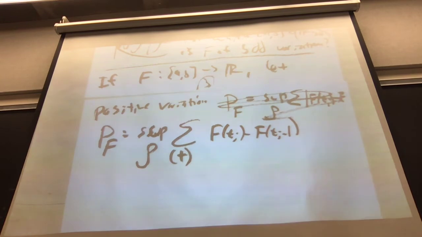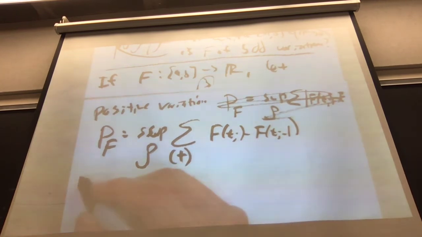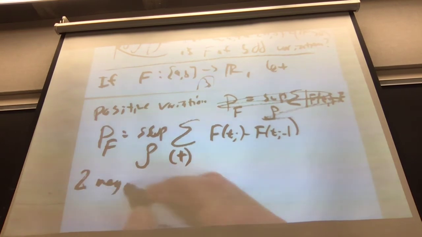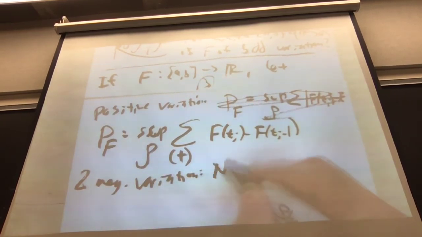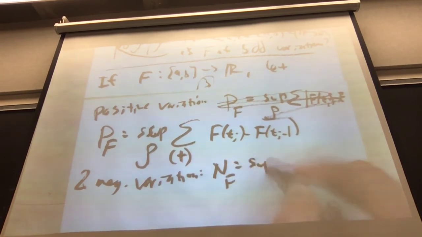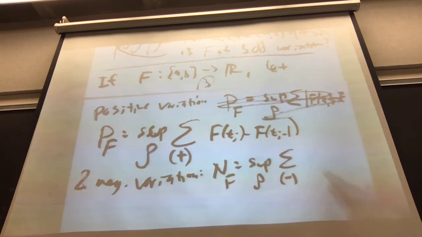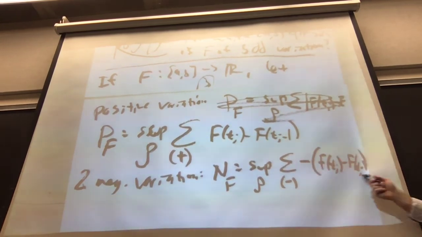And similarly, there's a negative variation, which is the same thing, the sup over all partitions of the sum where this thing would be negative, but now I'm going to take the minus sign here, so that this thing is positive.